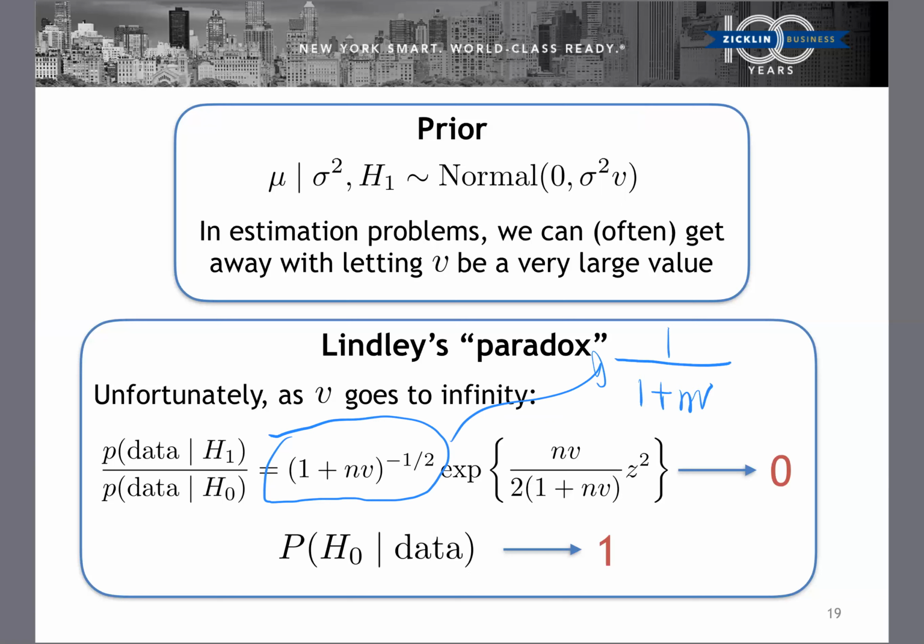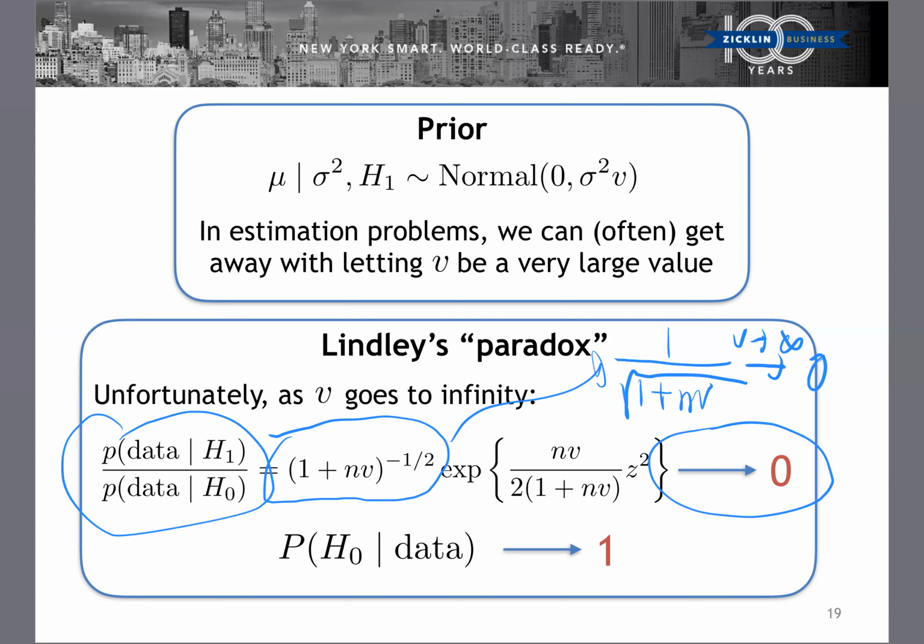As V goes to infinity, where is this going to? 0. So this term is going to 0, this term is going to be a constant, so the full thing is going to 0.